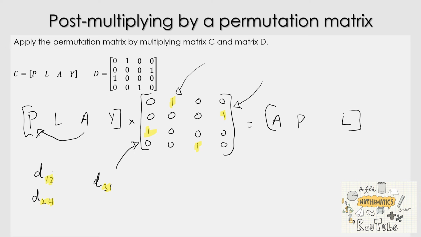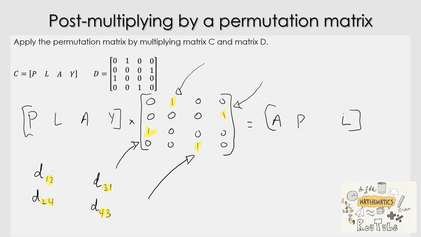And then our final one that we need to look at is this one here, which is in position 4, 3, because it's in the fourth row and the third column. Once again, we locate whatever was in the fourth column in the row matrix.